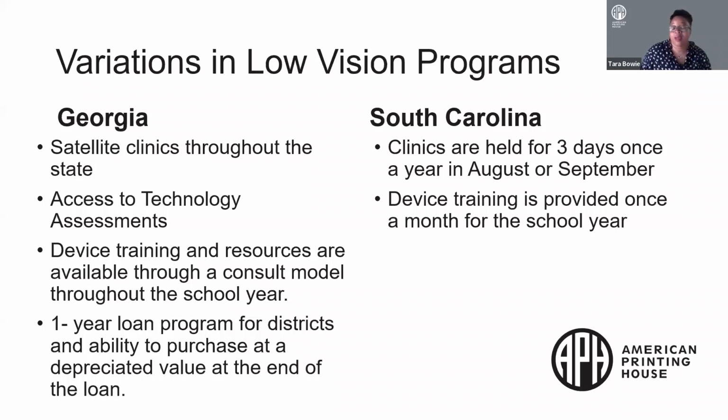Yes, so our Georgia program, and one thing that I forgot to note before is that just like South Carolina, we have a collaboration with Georgia Department of Education, but how our program got started as far as that funding is that there was a gentleman by the name of Smoky Powell, and so that's how we're named after this gentleman who actually gave a huge donation to the state of Georgia.